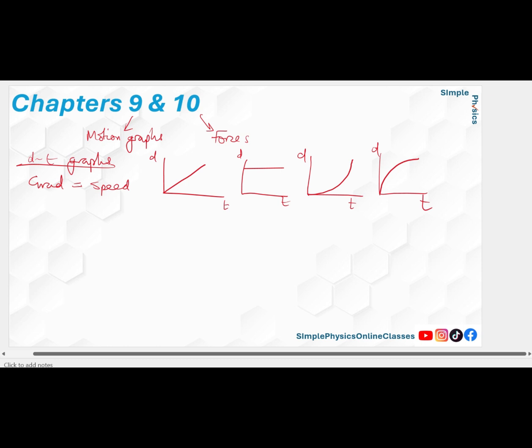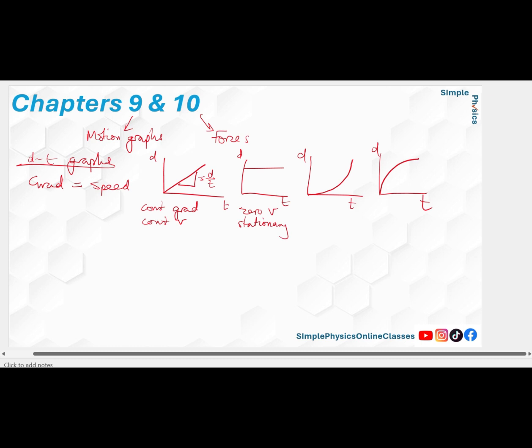So here, what do we know? The gradient is the speed, because it's equal to distance over time, isn't it? Changing y over changing x. So I'll go through all the words. Constant gradient. Always start off by describing the gradient and then replace the word gradient with what the gradient represents. So here is constant speed. Here, 0 gradient, so 0 speed. That must mean it's stationary.